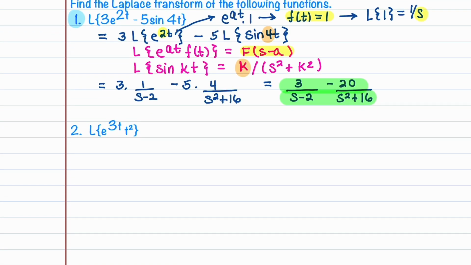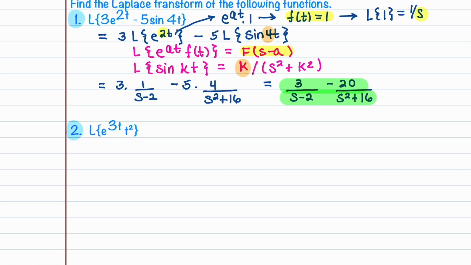I always think the Laplace transforms are going to be easy, but there are so many details that go into finding each transform. Let's look at our second example. We're going to find the Laplace transform of e to the 3t times t squared.